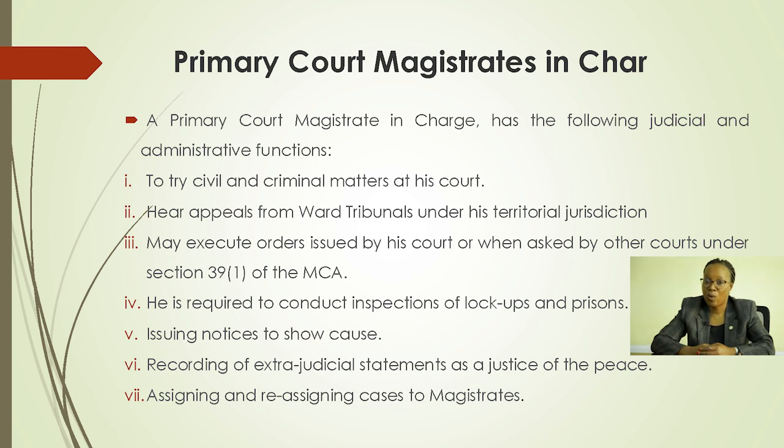He is also required to conduct inspections of lockups and prisons, issuing notices to show cause, recording of extrajudicial statements as a justice of peace, and assigning and reassigning cases to other magistrates within his court.